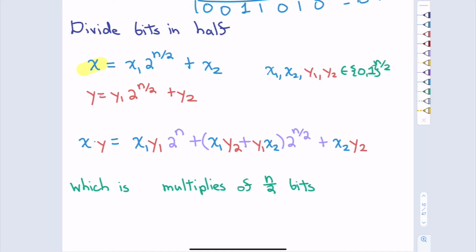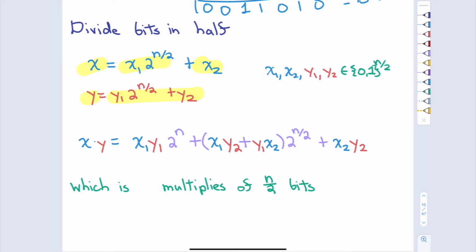Otherwise, you can add a 0 at the beginning. Okay. So x can be written as x1 bit shifted n over 2 times plus x2, where x1 and x2 both have n over 2 bits. Likewise, we'll break down y. Okay. All right, so this is just some notation to split things in half.